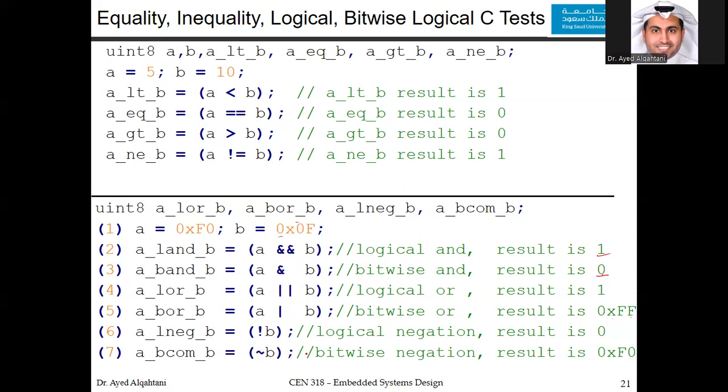The bitwise negation of the variable B would be 0. So you need to be aware of the logical conditions and the bitwise operations. You have to differentiate between them.